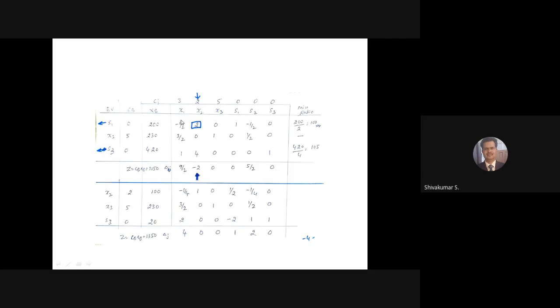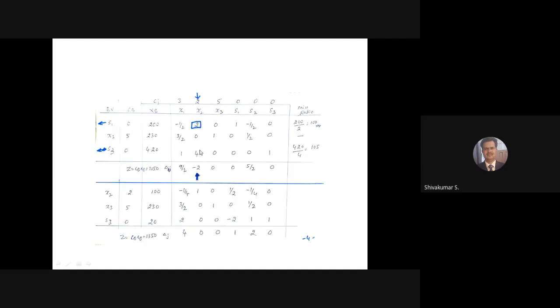Entering variable X2 because of the highest negative value. See, because of 2, X2 became entering here. This is the coefficient value. So here 2, X3 5, this X3 5 is the coefficient, S3 0. Now, as I told, you have to make the pivot point 1. So divide the entire row by 2.